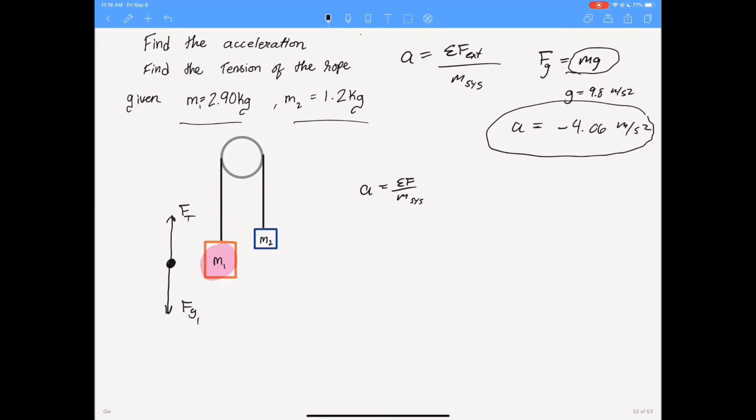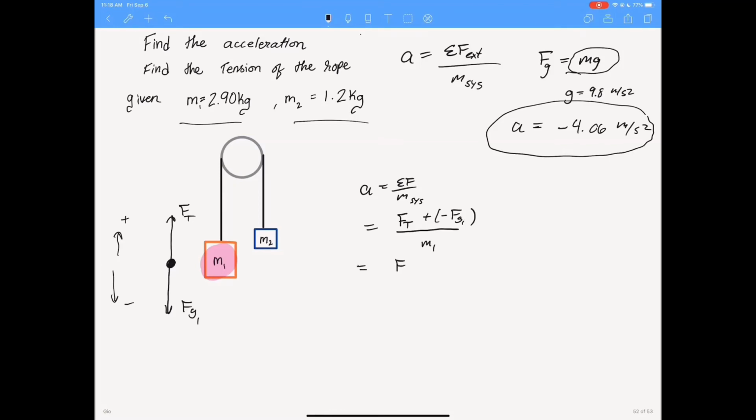I'll relabel this too: up is positive, down is negative. Let's identify the forces, which we already did: our tension force, F sub t, plus our gravitational force, Fg1, which goes in the negative direction, so negative Fg1, over the mass of the system, which is just m1.